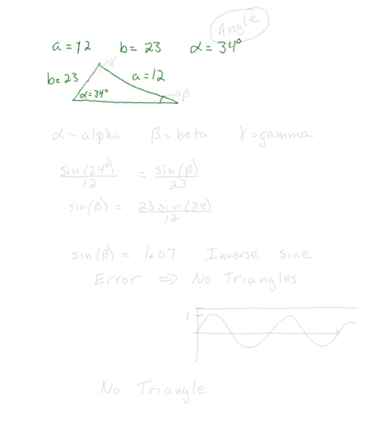This angle down here has to be beta, and the angle up here has to be gamma. That's alpha, beta, and gamma.